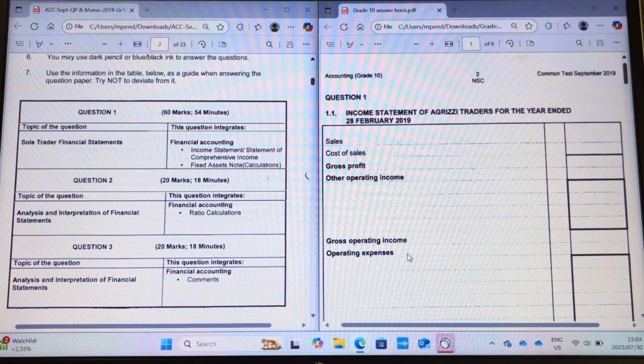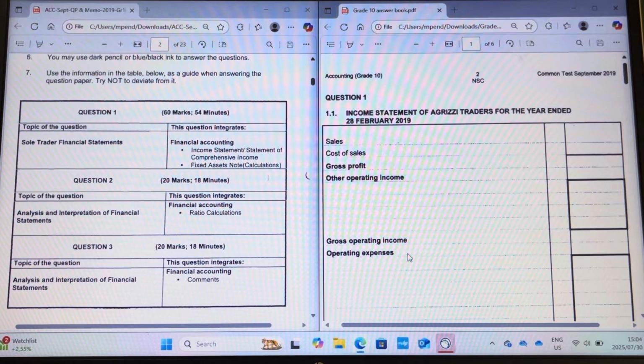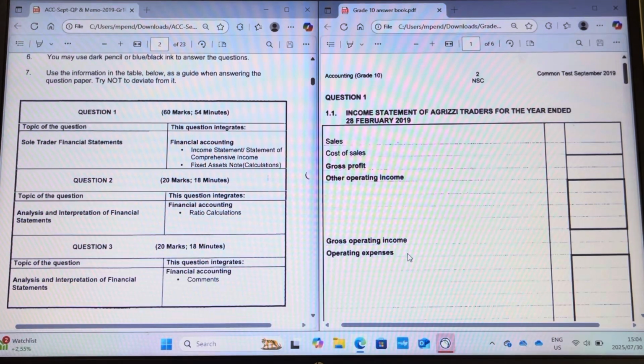You need to analyze and interpret. So you need to know what each ratio affects when it is, for example, 0.5:1. What does that mean for the company? And it'll usually be out of 100 marks, give or take 120, should it be more or less.